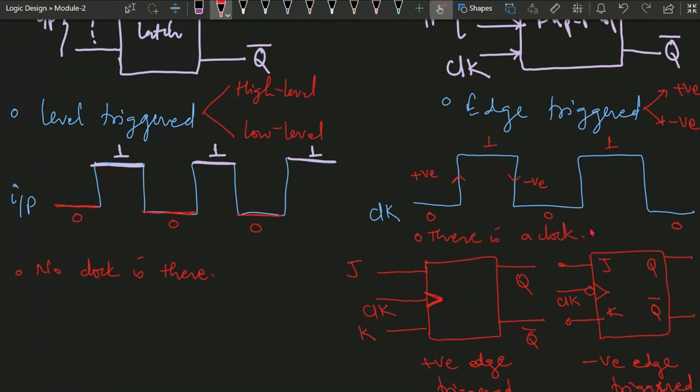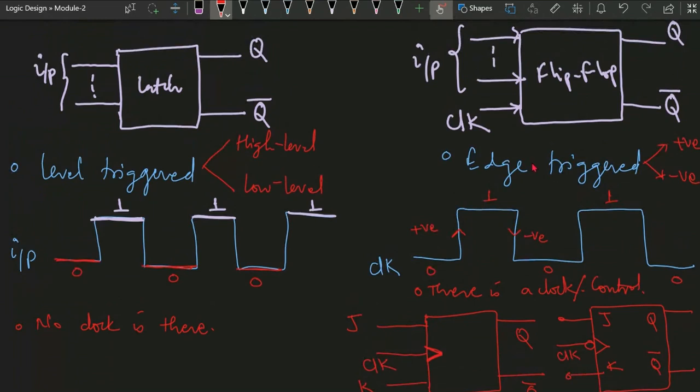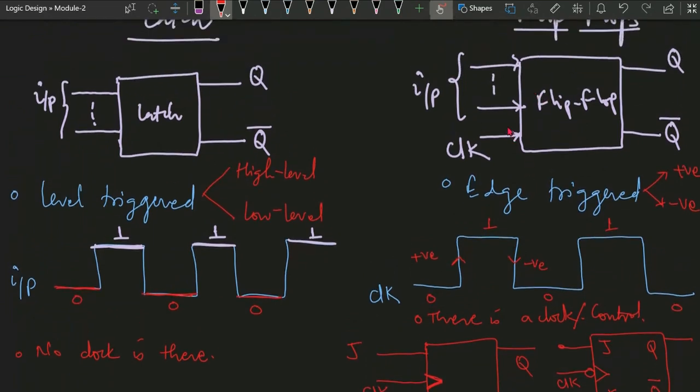This clock can be considered as a control line. Control in the sense, based on the control signals only the flip flop will be activated. So the flip flop will be controlled or activated by this control signal or clock signal.